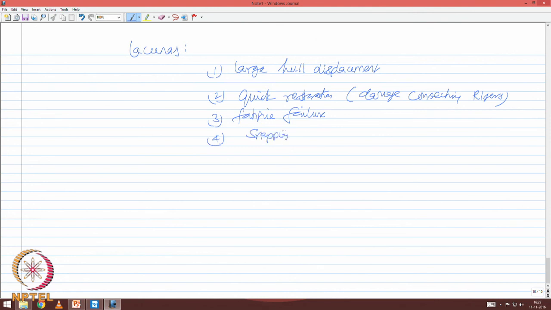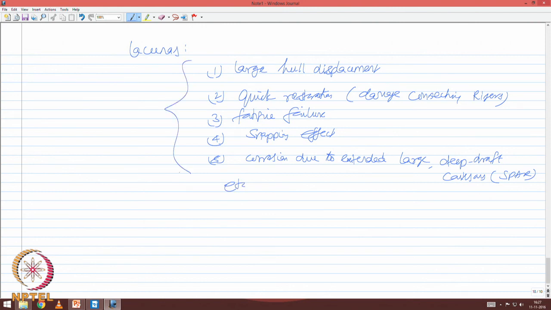snapping effect, corrosion due to extended large deep draft caissons in case of spar, etc. In all these cases, you will see that the hull displacement essentially in rotational degrees of freedom is challenging. Actually, it is undesirable.